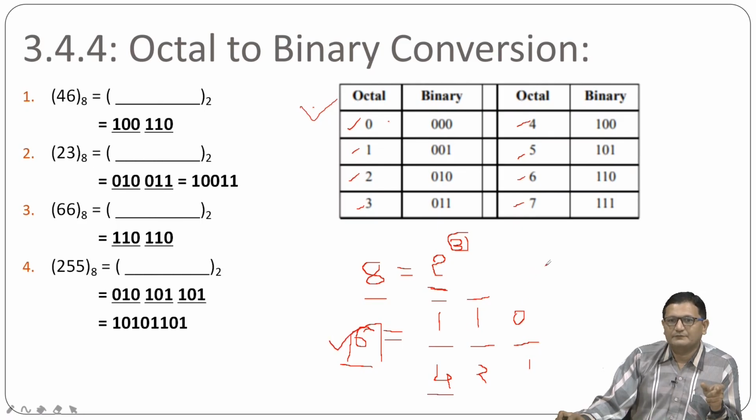Suppose you want to make a binary of 7, right? So in that case, first of all, we know that this is an octal number, and we need to convert it into binary form. We know that 3 bits are used, right? So here I am just making 3 bits. Now this will represent what?